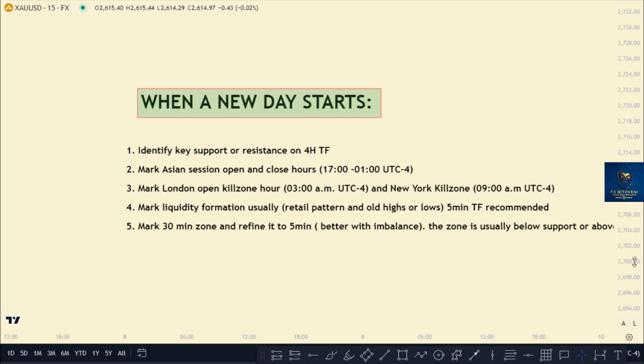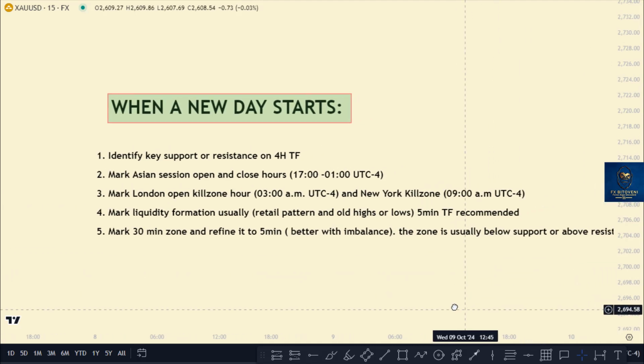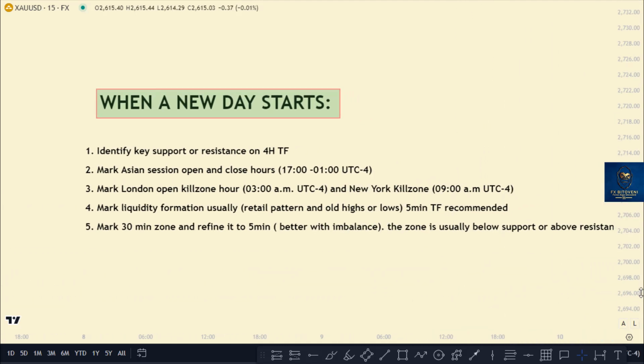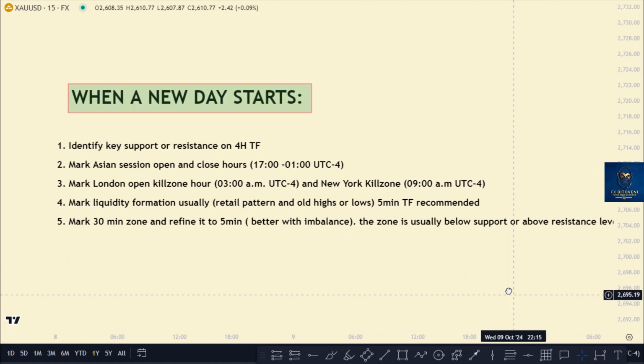You have to take trades during main session kill zones, that is the London kill zone and the New York kill zone, and this is what I do recommend. Now, when a new day starts, this is the process I recommend you follow.